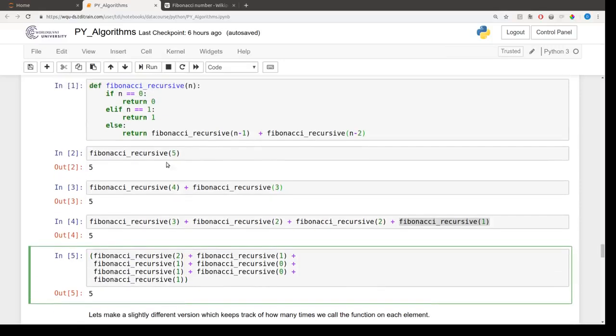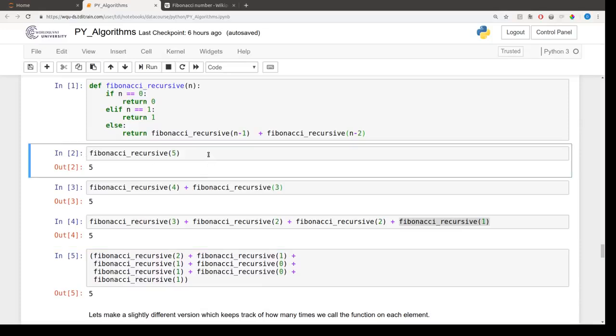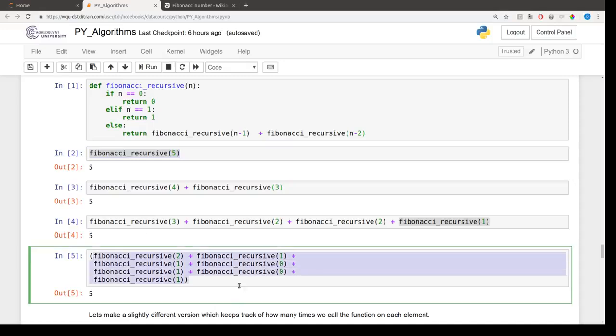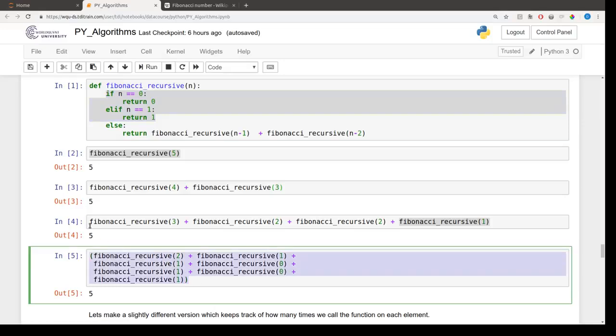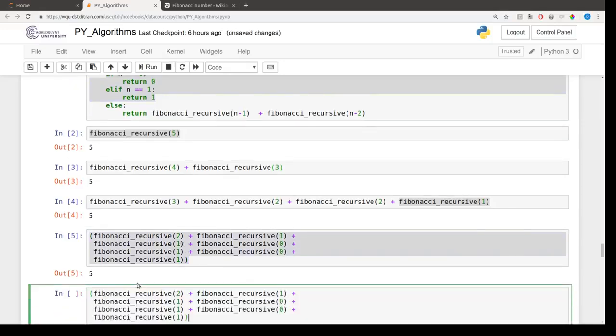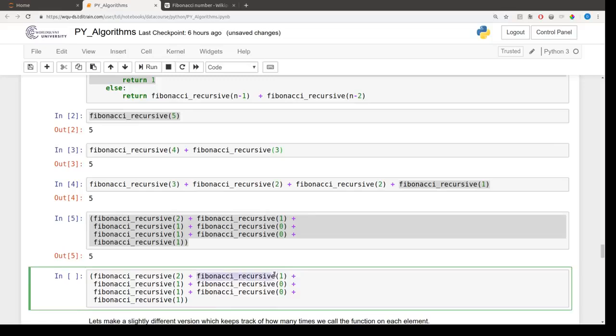So this is essentially what's happening when we call Fibonacci 5. It expands out into a set of function calls that eventually resolve to definite results. I'm not going to expand it more, but I'll replace Fibonacci 1 or 0 with the actual results, because these functions will just return 1 or 0.